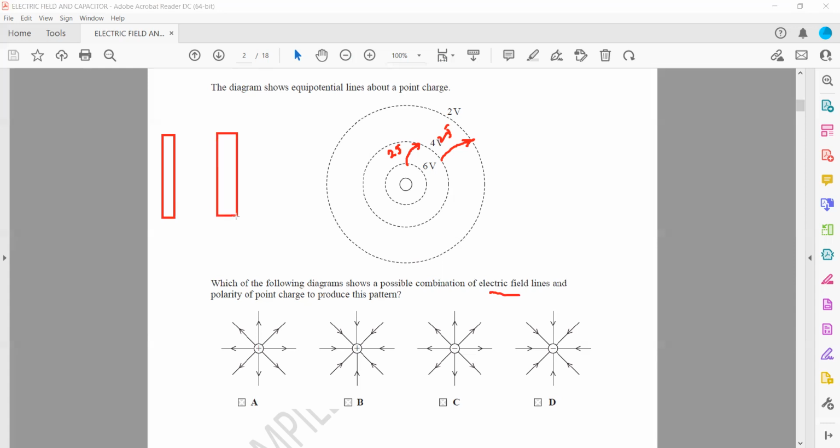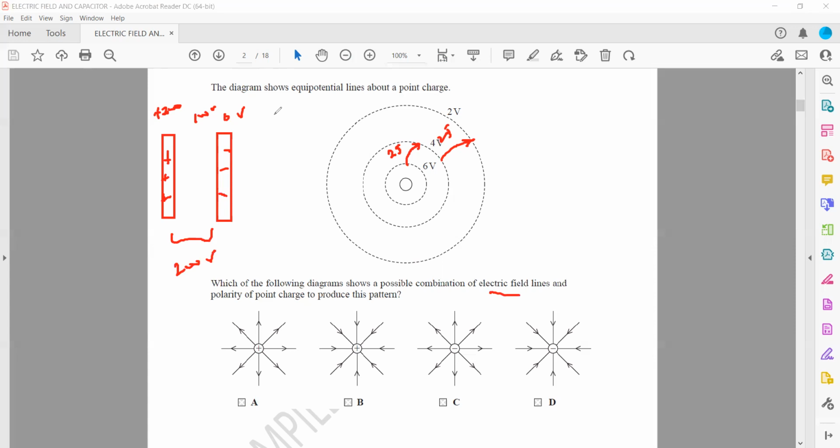The positive terminal is always at high volts and the negative terminal is at low volts. So if I say this is the positive terminal and this one is the negative terminal, and the potential difference between them is 200, what does it mean? Here it will be 200, then in the center 100, and near the negative it will be 0.